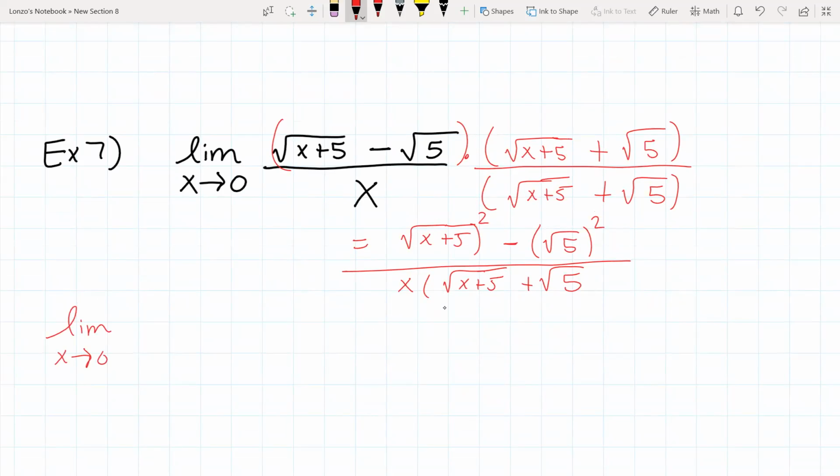When you square this, the radical disappears, so you're just left with x plus 5 minus radical 5 squared, which is just 5. So the bottom is just the same.